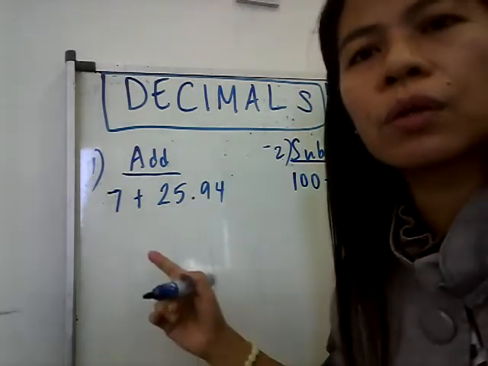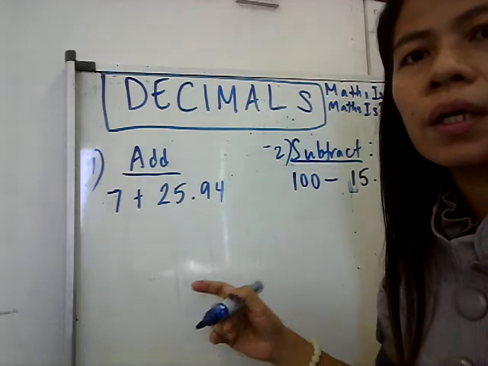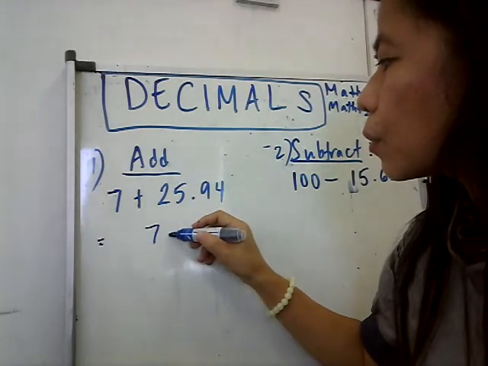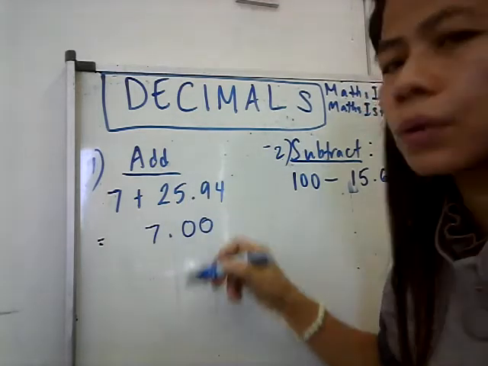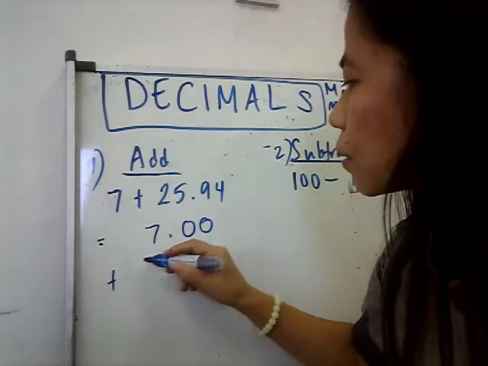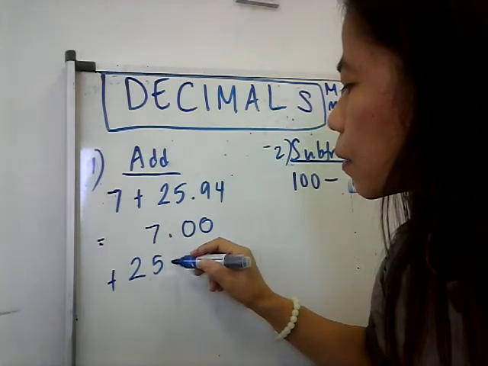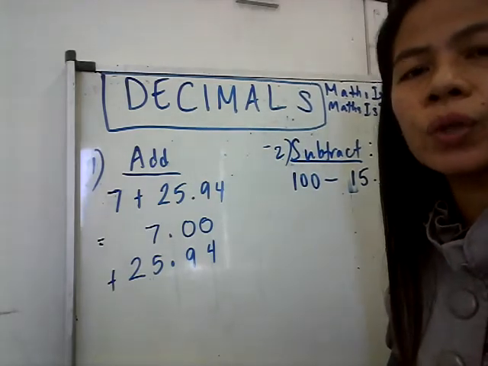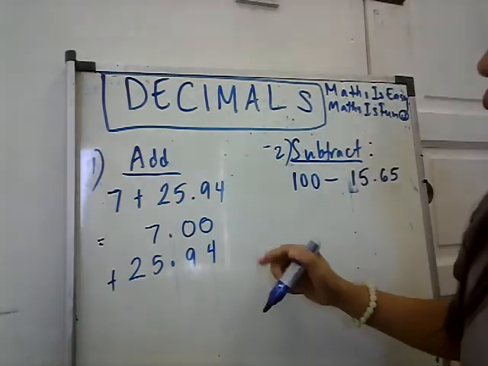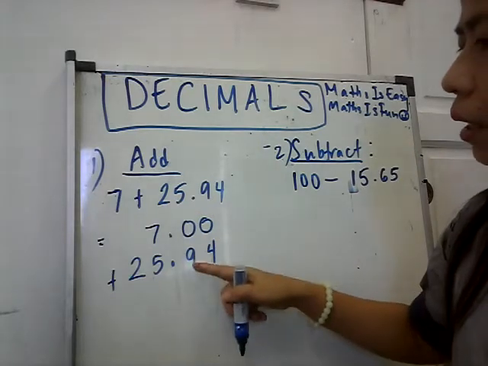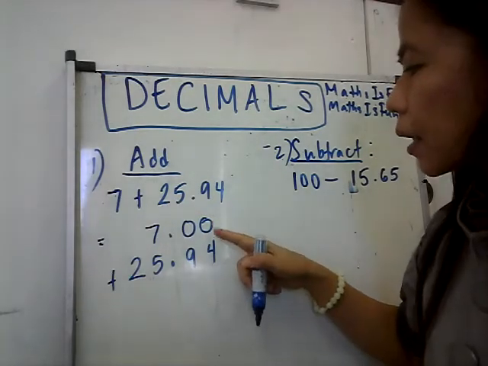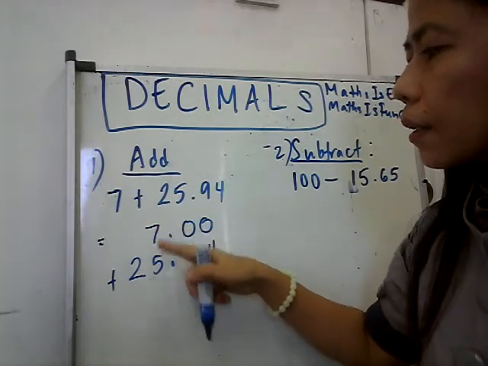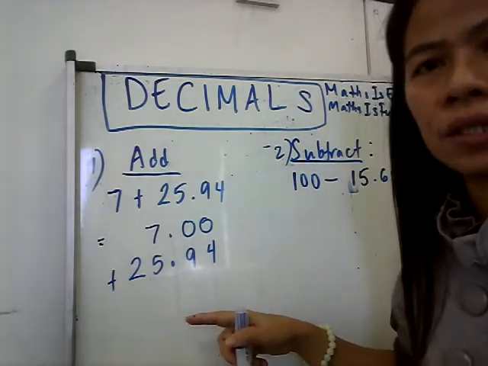So we convert 7 into a decimal with 2 decimal places: 7.00 plus 25.94, so that they both have 2 decimal places. Take note that we should align the decimal places: the second decimal, the first decimal, and the units or ones digit.